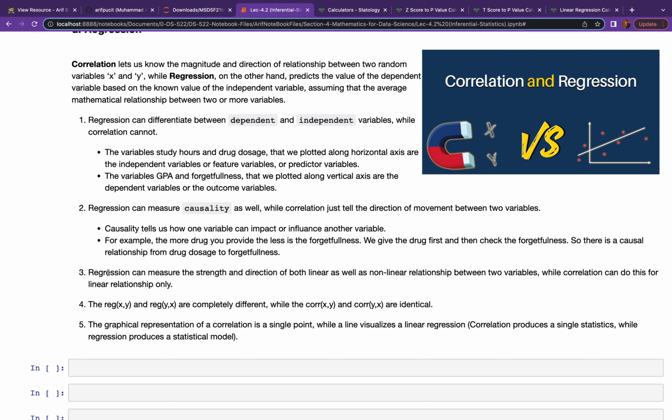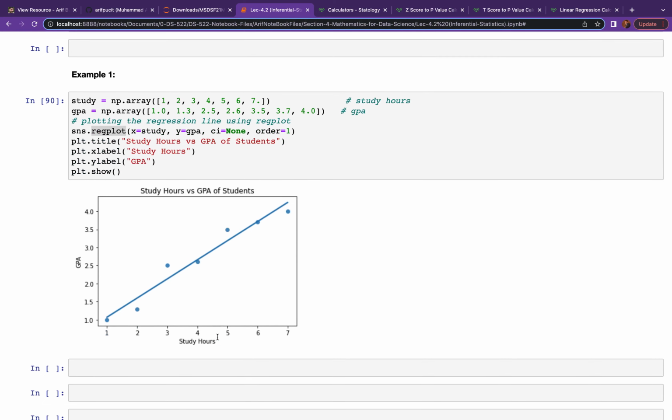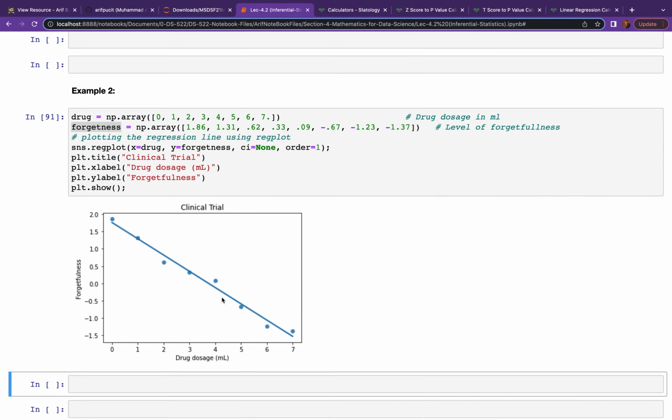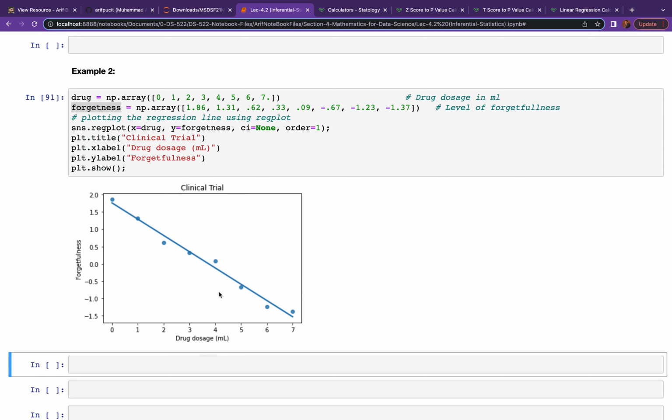The fourth difference is regression of xy and regression of yx are completely different, while we have seen that the correlation of xy and correlation of yx are identical. And finally, the graphical representation of correlation is of course a single point, while a linear regression, as shown over here as well as over here, is represented by a straight line.